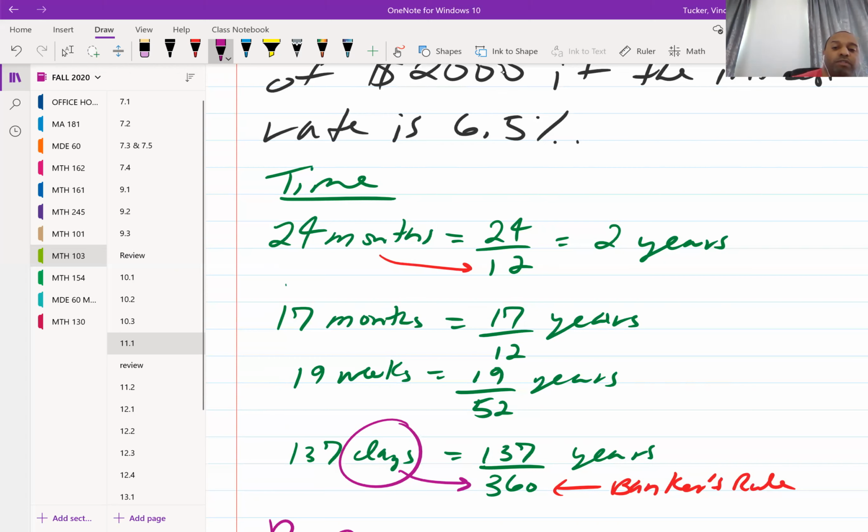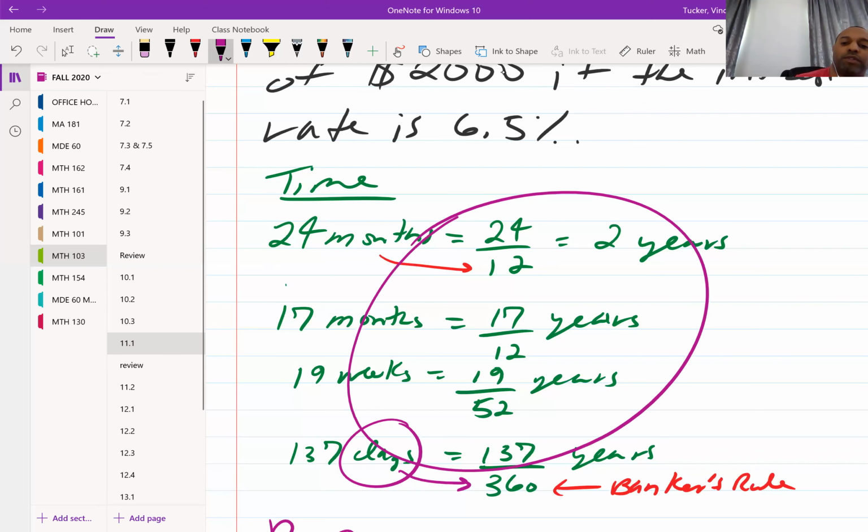But either way, we're going to use 360 for days. So if you ever have a measurement other than years in your time, you do need to convert it. All right, questions on the conversion?